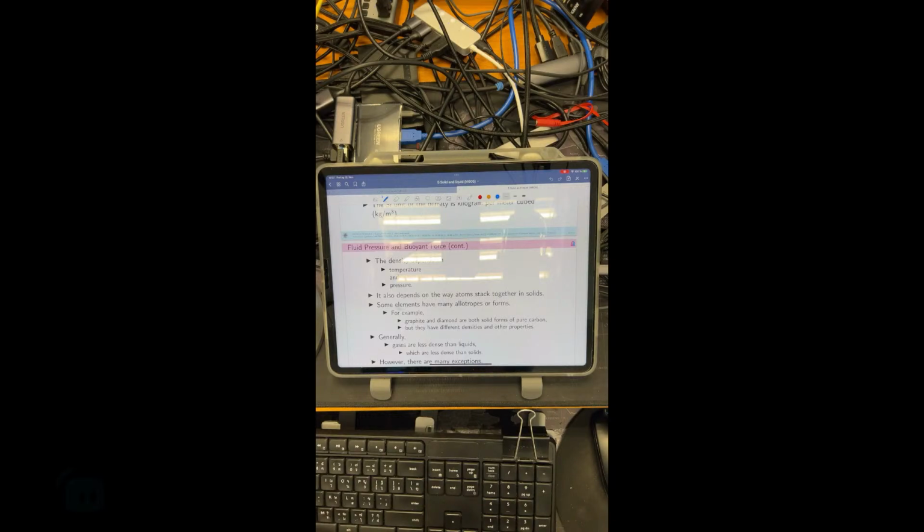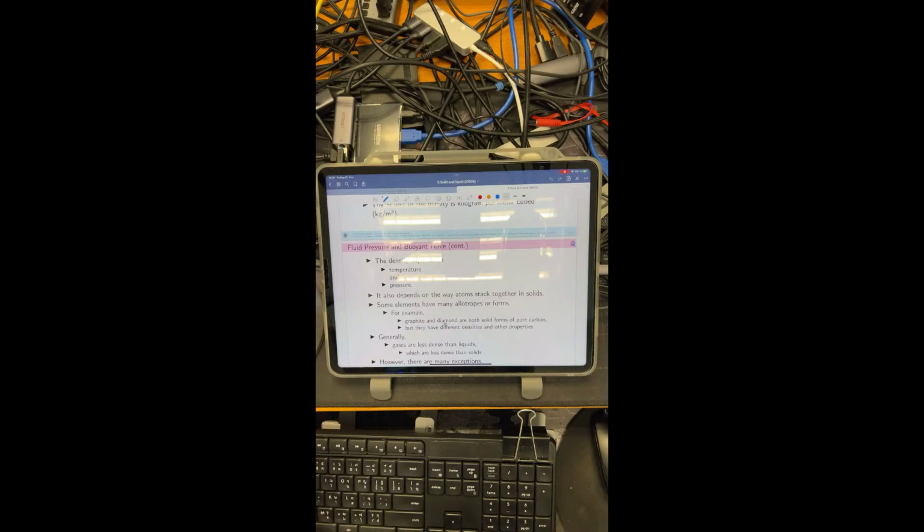Some elements may have many allotropes or forms, depending on how the atoms are arranged. For example, let's talk about the element carbon. Graphite is one example of carbon.